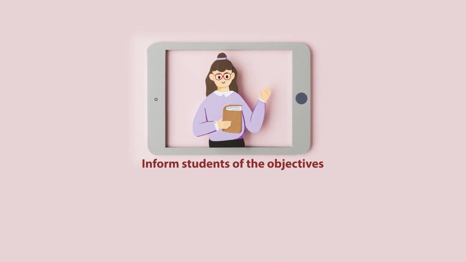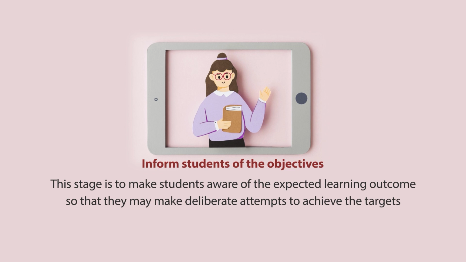Second is inform students of the objectives. In this stage, one should make sure that the learners are aware of the expected learning outcome so that they make deliberate attempts to achieve the targets.